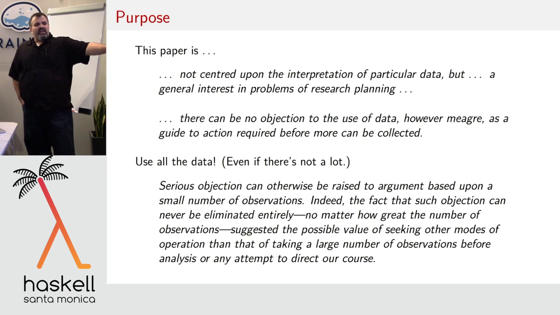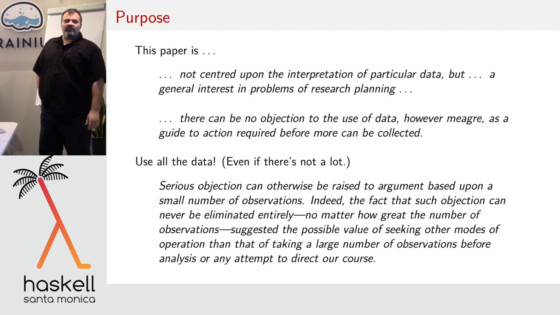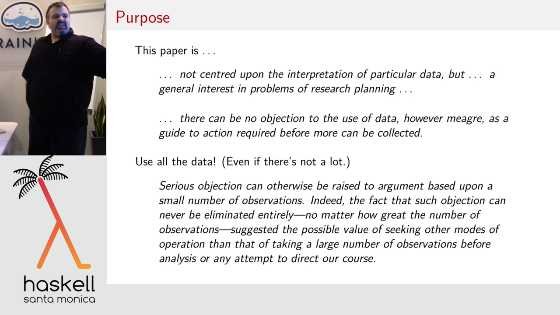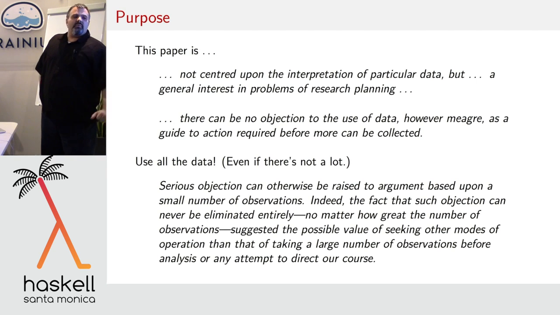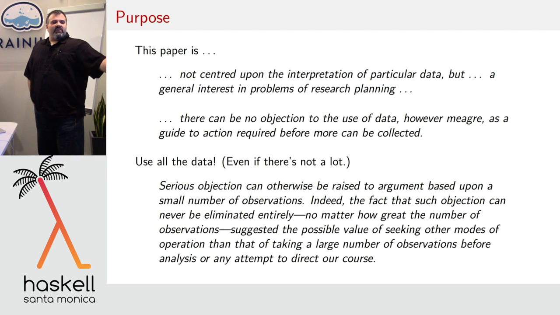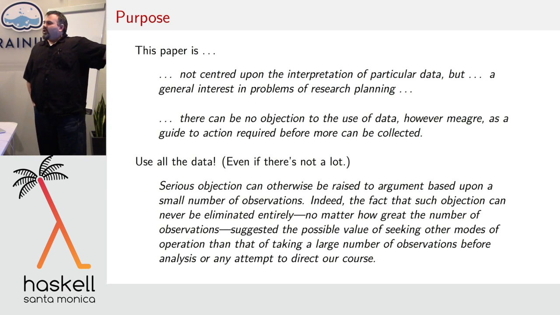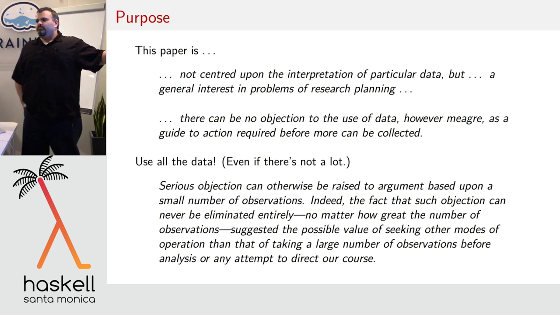So such objections can never be eliminated entirely, no matter how great the number of observations, suggested the possible value of seeking other modes of operation than that of taking large number of observations before analysis or any attempt to direct our course. So that last phrase is the typical modus operandi.